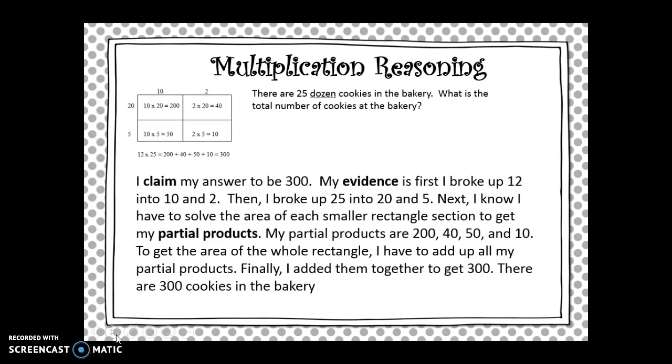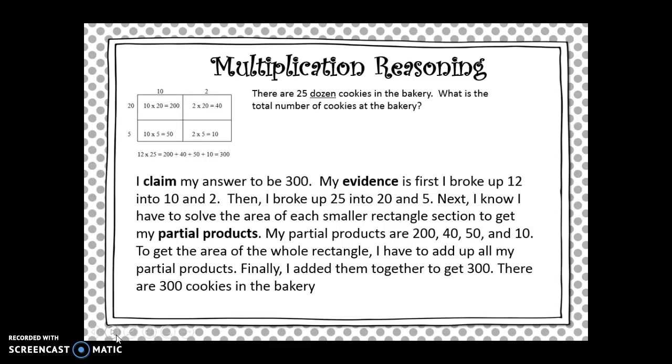My evidence is first I broke up 12 into 10 and 2. Then I broke up 25 into 20 and 5. Next, I know I have to solve the area of each smaller rectangle section to get my partial products. My partial products are 200, 40, 50, and 10.